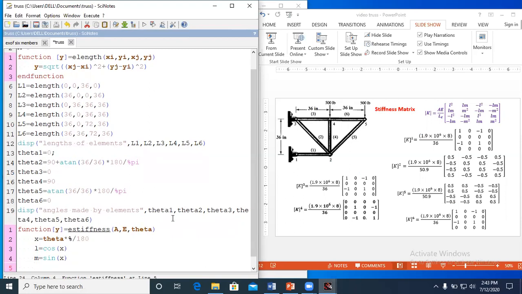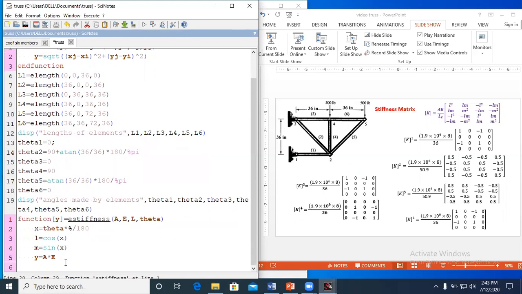Next, you define the stiffness matrix. It is y is equal to A star E. One more argument is required, that is L, because we need to receive the lengths of all elements.